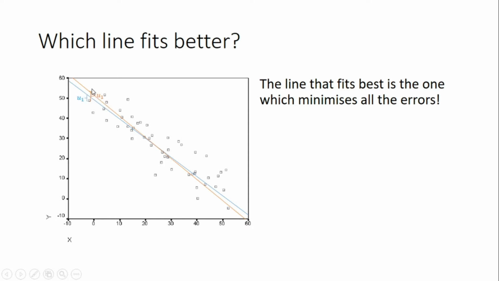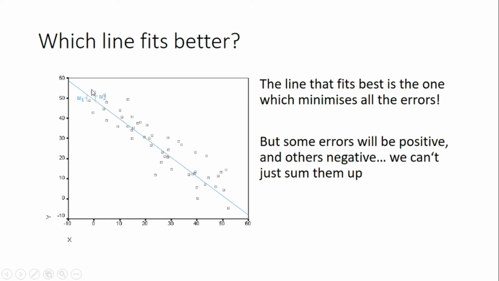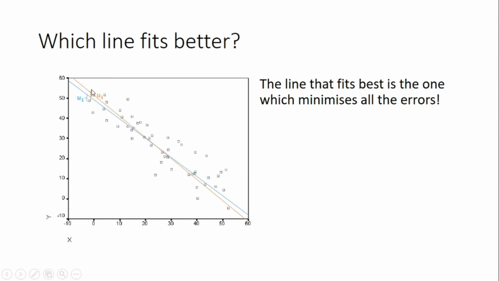If we were to compare the errors for each and every data point, then we could say the line that has minimized the errors, or the sum of the errors, is the line that fits best. Therefore, we have defined the criteria by which we mean the line of best fit. The line of best fit is the one that minimizes the errors. So if this is smaller than that, then that's great. And then we do it for each and every dot.